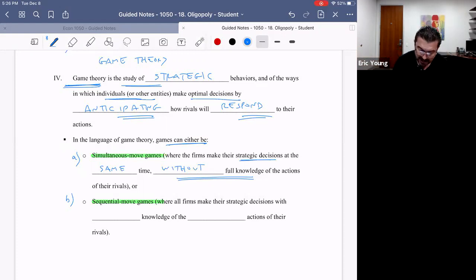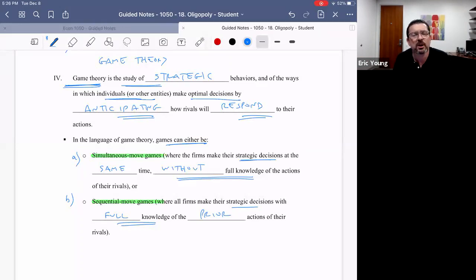In contrast to that, we have what are called sequential move games. In a sequential move game, the firms make their strategic decisions in sequence. I make a decision, then you make a counter, then I make a counter, and it goes back and forth. Because of this, critically, in a sequential move game, the firms will make their strategic decisions with full knowledge of the prior actions of their rivals.